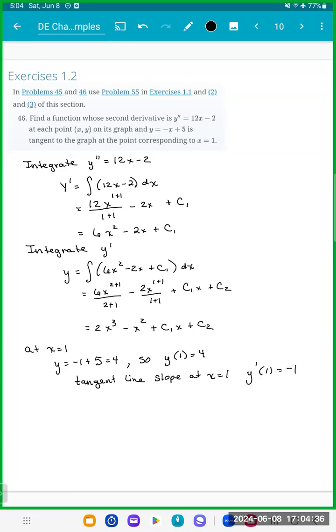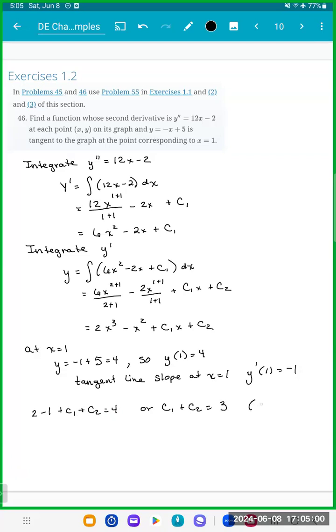Okay, so we can take 2 minus 1 plus C1 plus C2 is equal to 4, right? Or we can simplify that, and that's really just C1 plus C2 is equal to 4 minus 2 plus 1, which is 3.